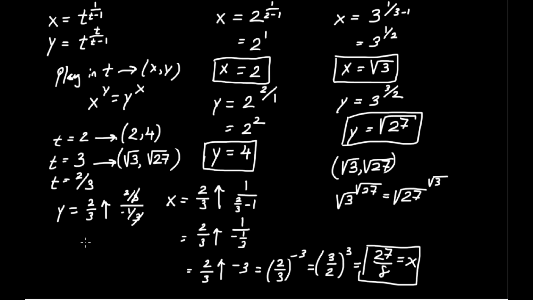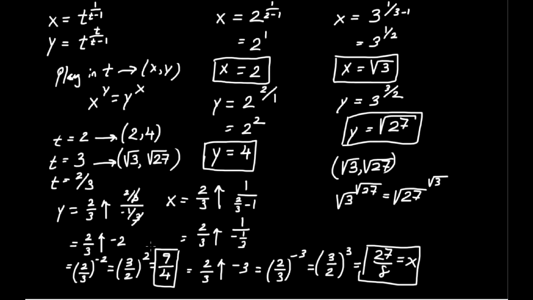Those 3's are going to cancel, so what I end up getting is 2/3 raised to the minus 2 power, which is equal to, just converting the notation there, and I could take the reciprocal. That's equal to 3/2 squared. Then what's 3 squared? That's 9. And then 2 squared is 4. And that's the corresponding y value for that.